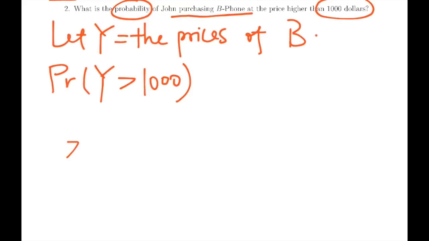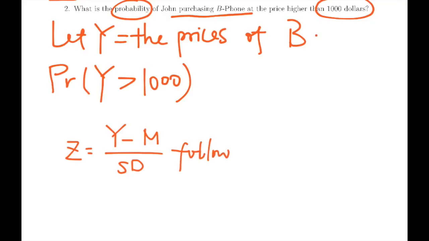Again, remember that we have a tool, which is the z-score, given by Y minus mean divided by the standard deviation. And this z follows a normal distribution with mean 0, standard deviation equal to 1.